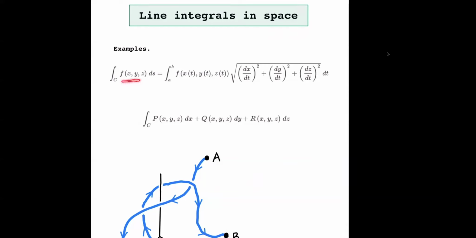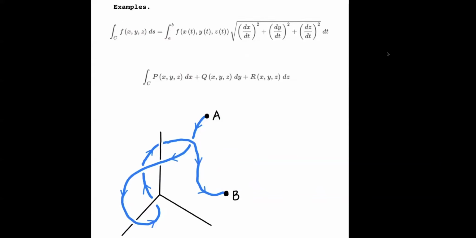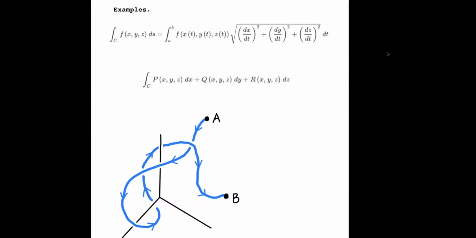To convert an integral like this, it just comes down to finding a parameterization of the curve. So parameterizing the curve from A to B, and then converting all the terms, converting everything involved into the time parameter t.